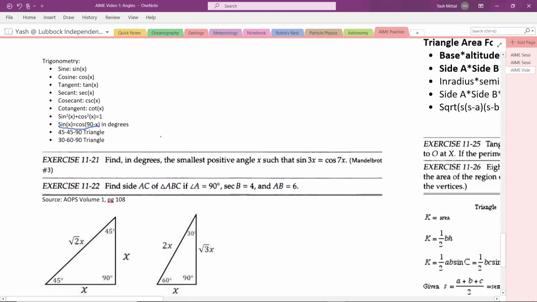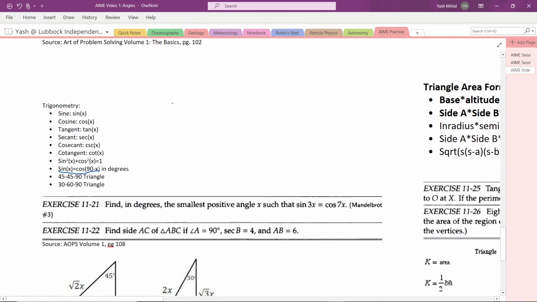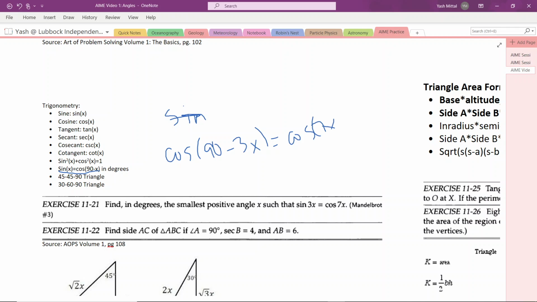Sine x equals cosine of 90 minus x. We have: find the smallest positive angle such that sine of 3x is cosine of 7x. We can relate sine x to cosine of 90 minus x, so we have cosine of 90 minus 3x is equal to cosine of 7x. We take the value here and subtract it from 90.